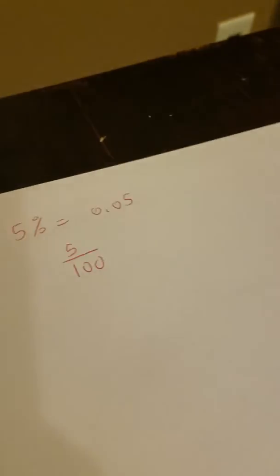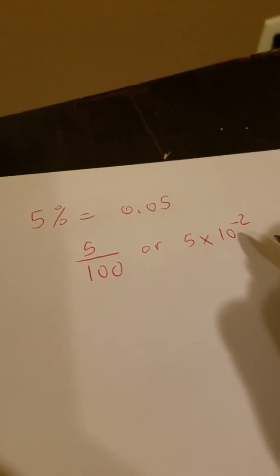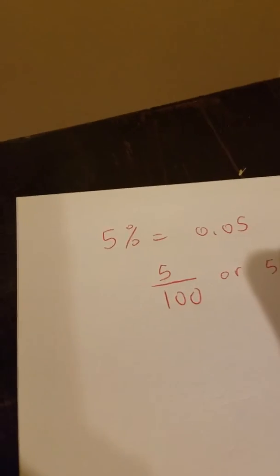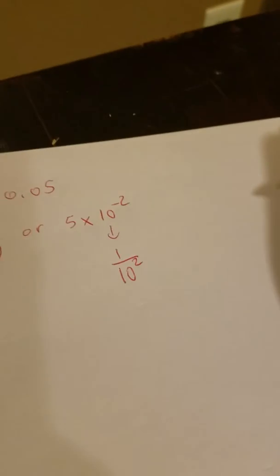This might seem strange, but if you remember when we have the percentage, right? If I say 5% is really 0.05. But if you think about it, 5% is 5 divided by 100, or 5 times 10 to the power negative 2. So as you can see, 10 to the power negative 2 is really 1 over 10 squared.